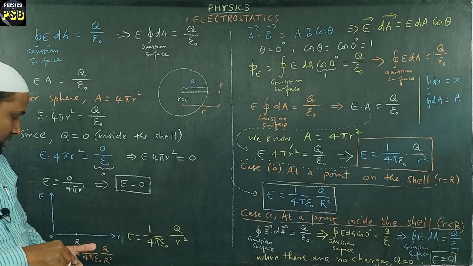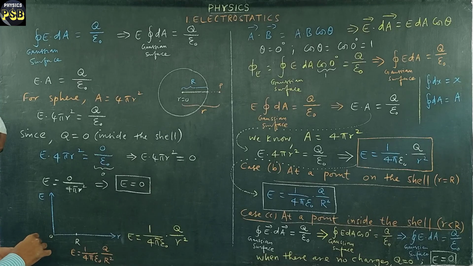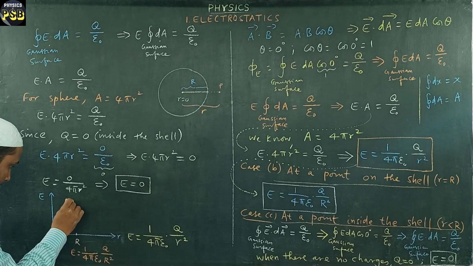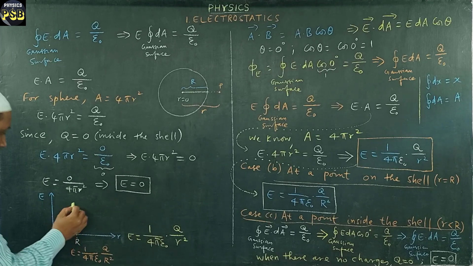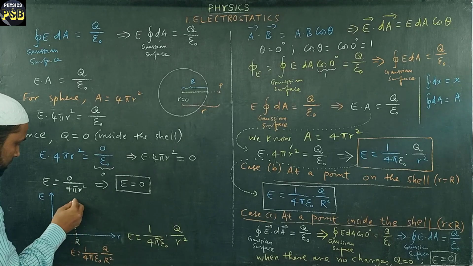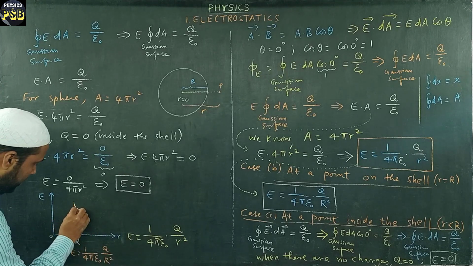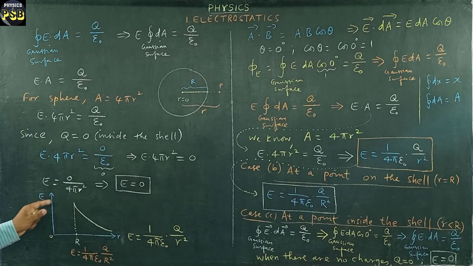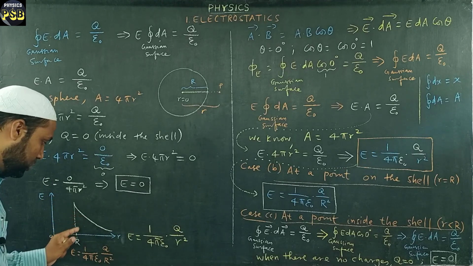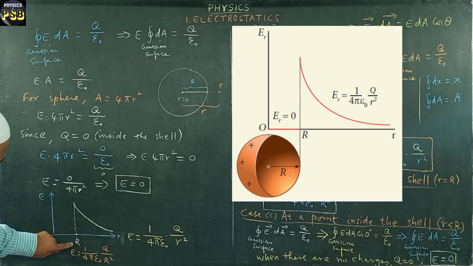So I show this to you with the help of a curve. Say at this point, the value is more. We have R here, the maximum. As we go away, the curve keeps decreasing, coming close to the x-axis. So at point R, the E value is large.